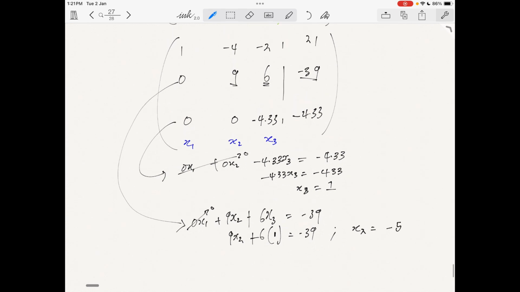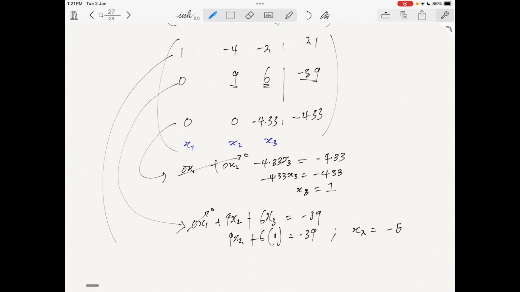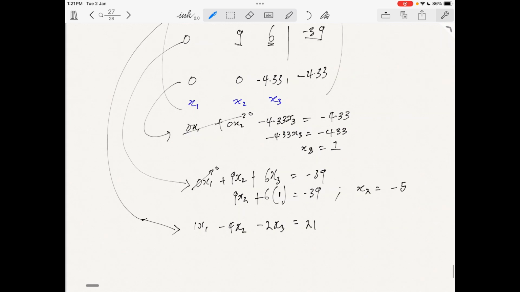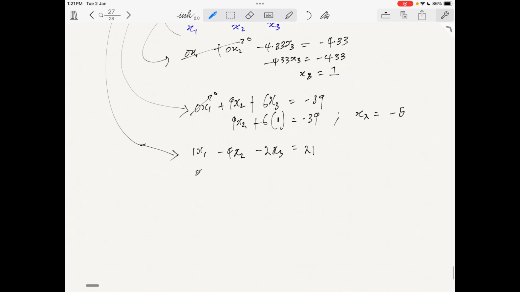And finally, we want to take the first equation. The coefficient of x1 there is 1, the coefficient of x2 is minus 4, the coefficient of x3 is minus 2, and the constant term is 21. So we have x1 minus 4, our x2 is minus 5, our x3 is 1, equal to 21.